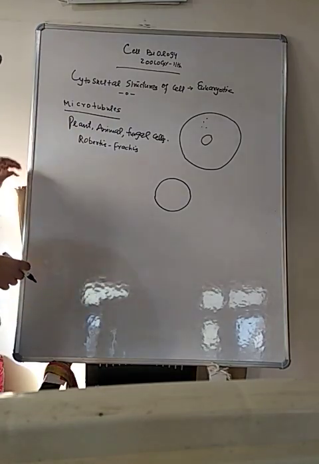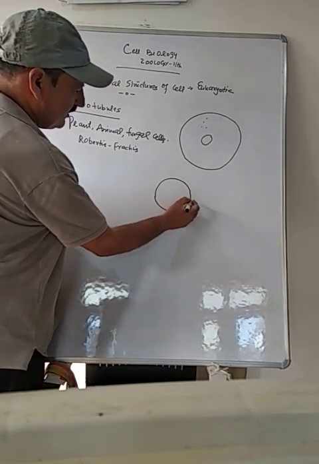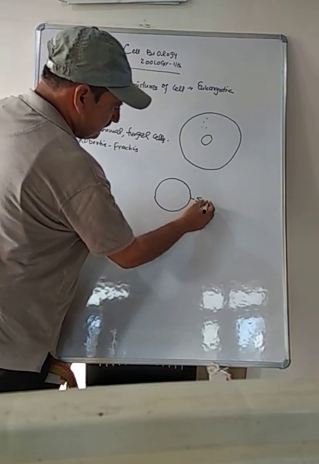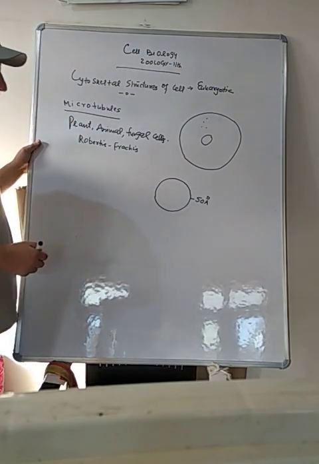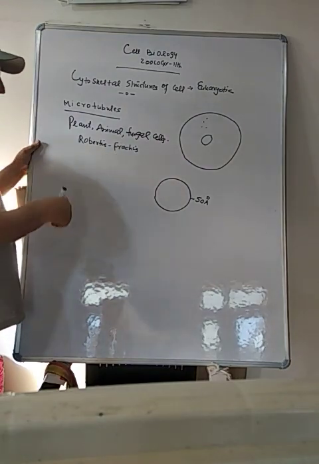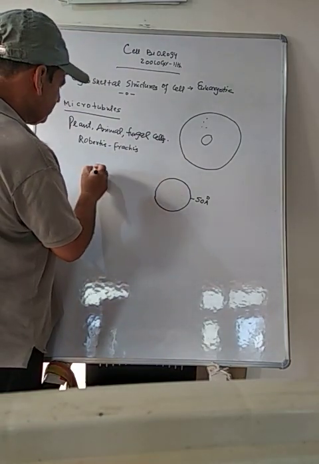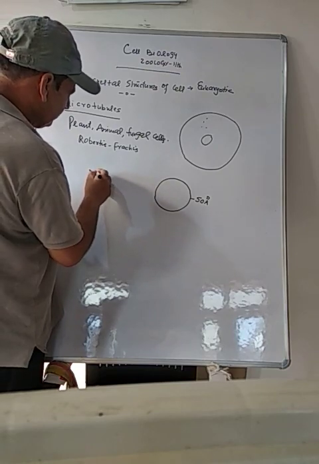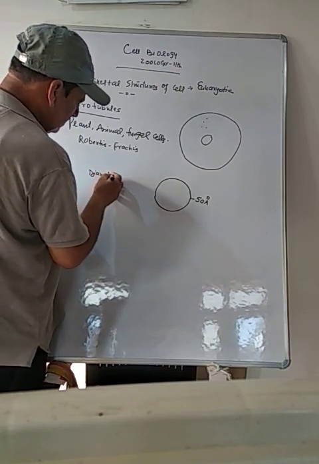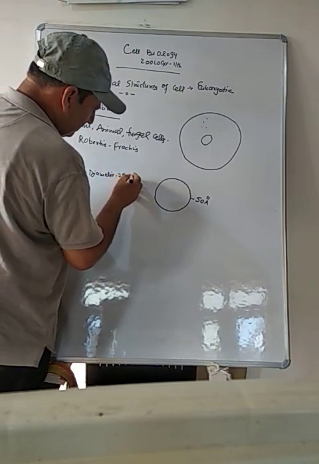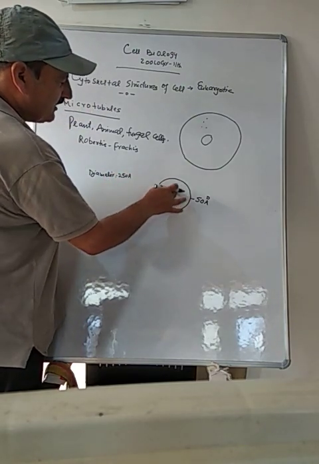And if you see, their outer covering can be about 50 angstroms in thickness. Their total diameter can be about 250 angstroms. And this core is blank.